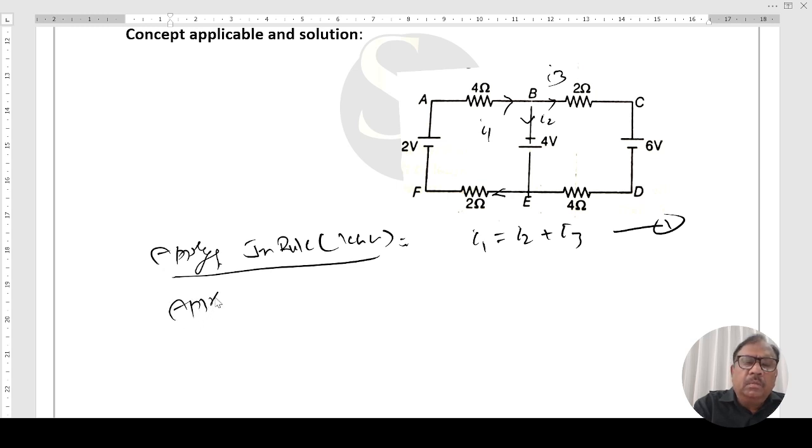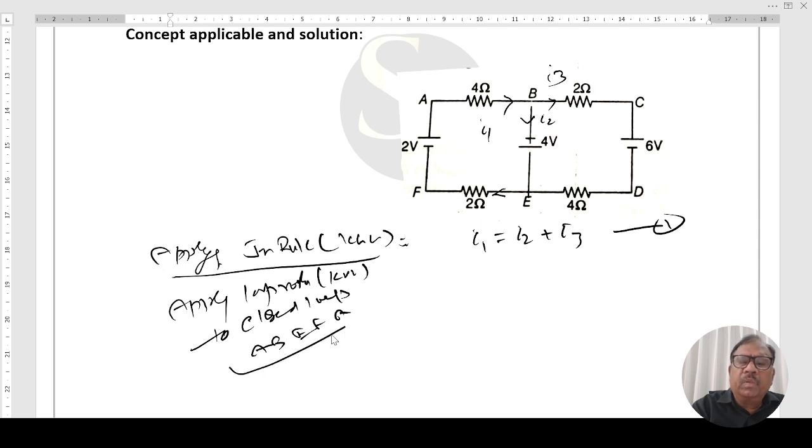Now, applying the loop rule or KVL to the closed loop A, B, E, F, A. Initial and final point should be the same. 4I1 plus 2I1 equal to positive 6.